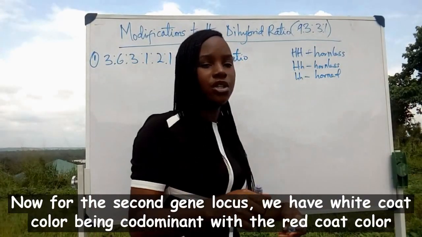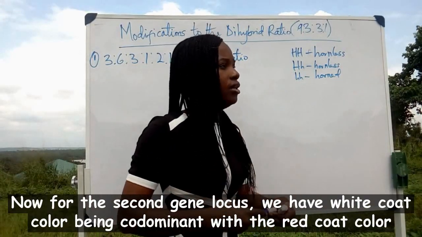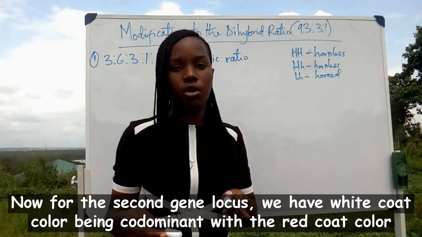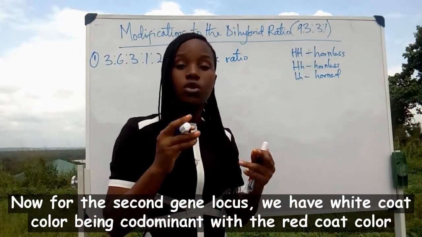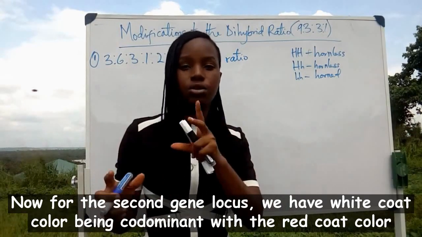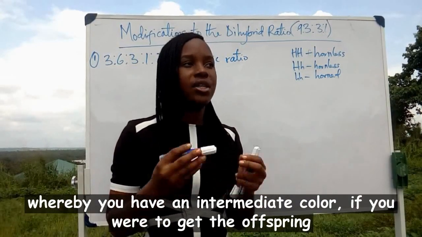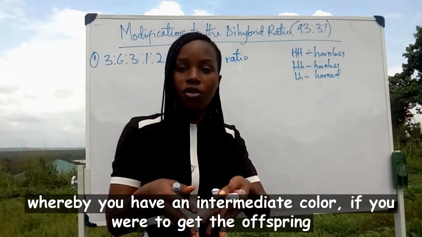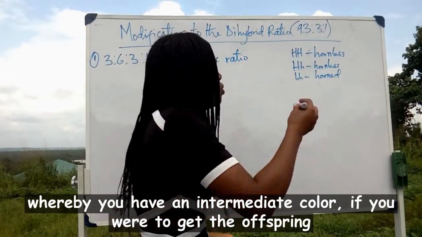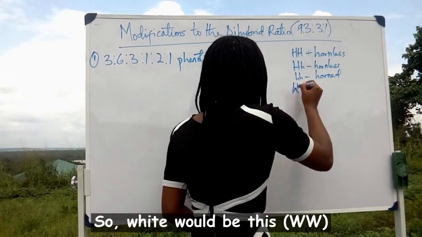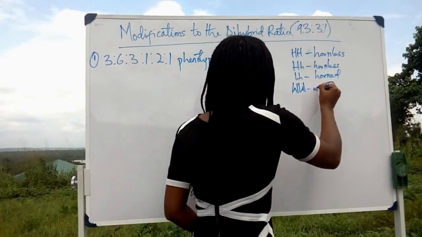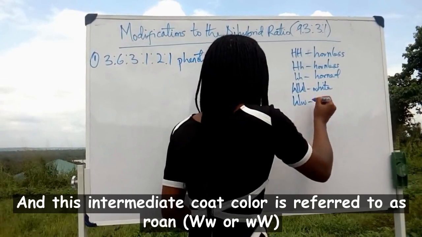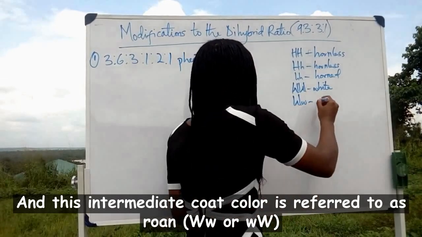Now for the second gene locus, we have white coat color being dominant to red coat color, but being codominant with the red coat color, whereby you have an intermediate color. If you were to get the offspring, you have an intermediate color. So white would be this, and this intermediate coat color is referred to as roan.